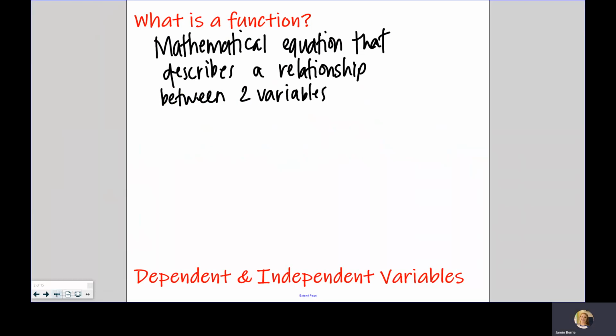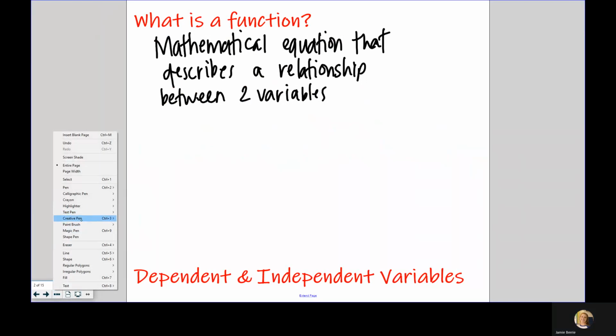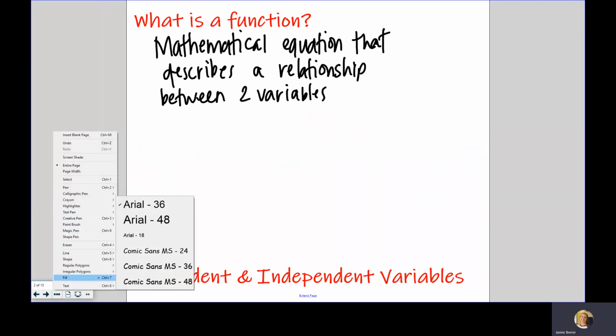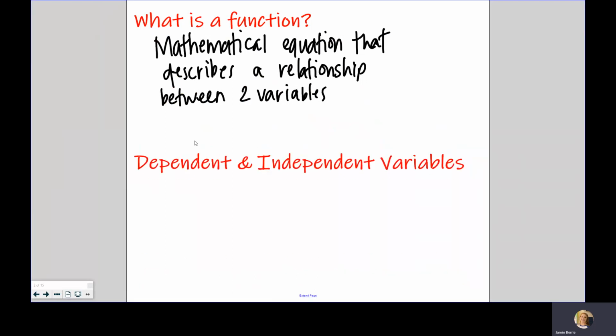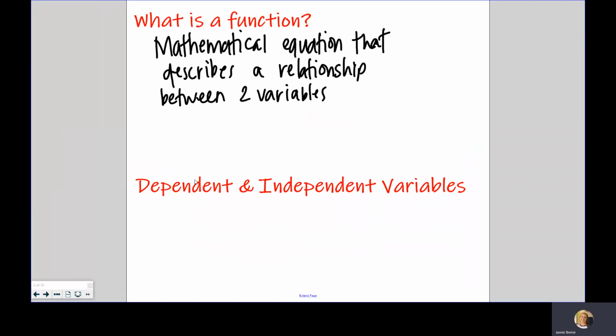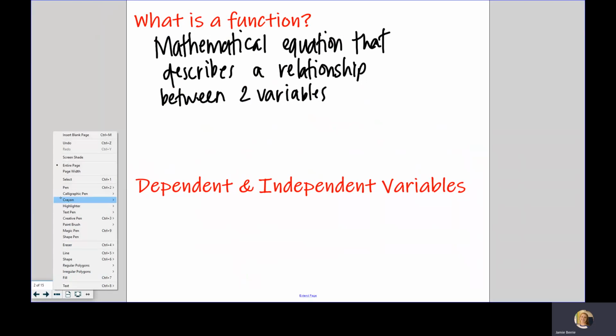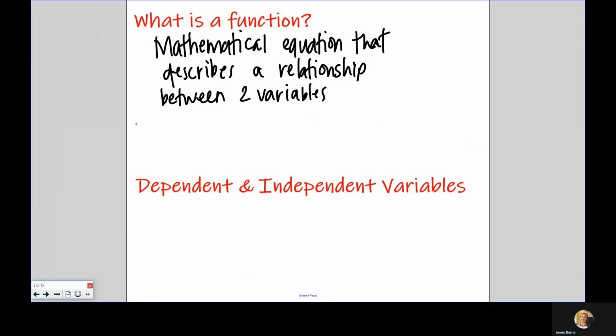All right, and those two variables are known as the independent and dependent variables. But before I talk a little bit more in depth about independent and dependent variables, I wanted to talk just really quickly about function notation.